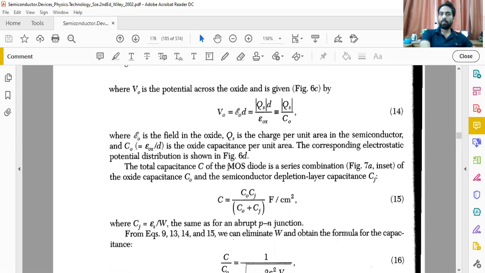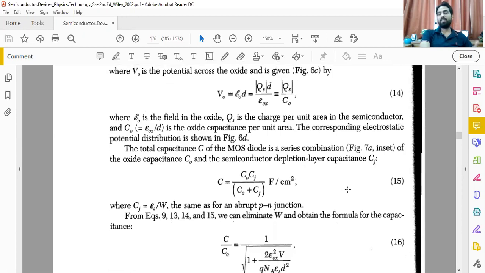The total capacitance C of the MOS diode is a series combination of the oxide capacitance and the semiconductor depletion region capacitance. See, this is again very important. Now we have two different capacitors: one at the oxide side, and second within the semiconductor, because the semiconductor itself has its capacitance.